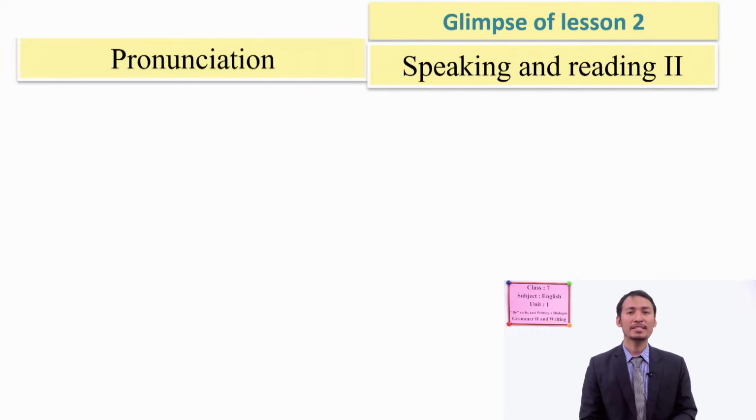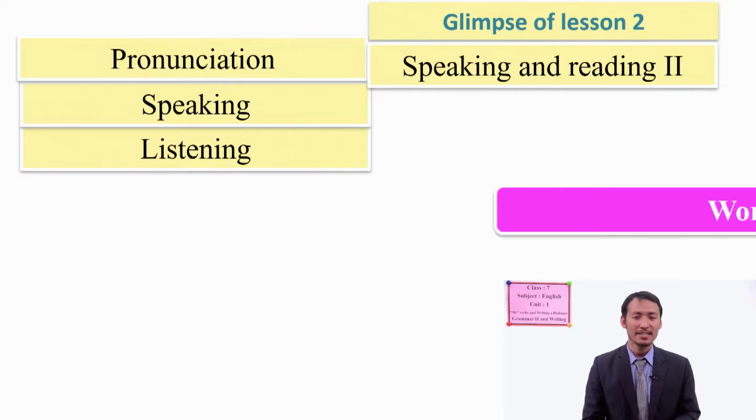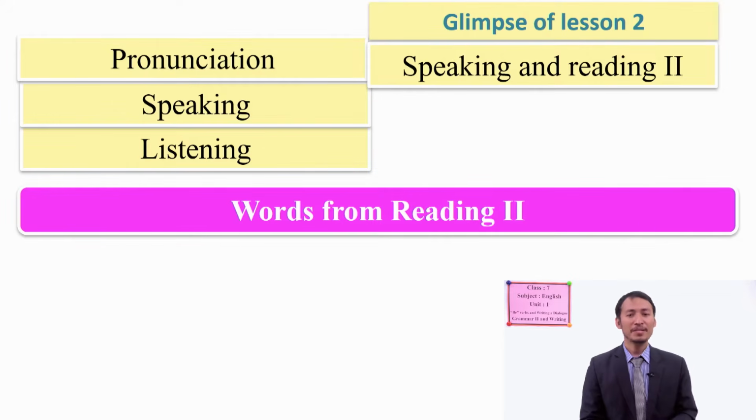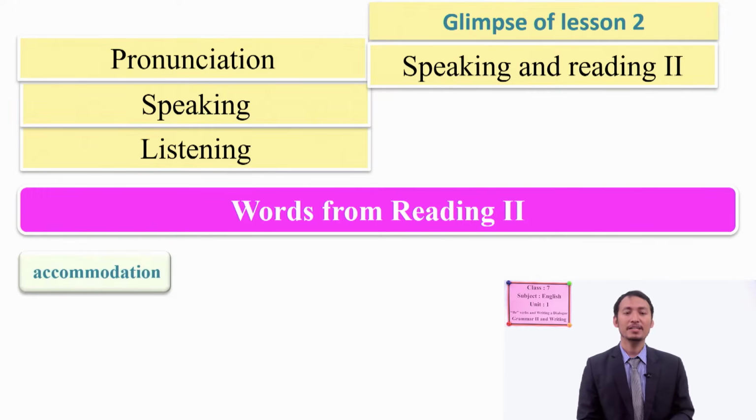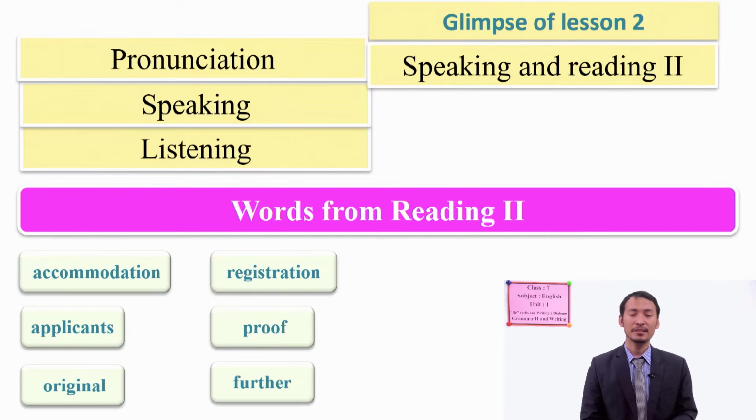And in our next lesson we talked about pronunciation and speaking, and we did a listening exercise, and then from reading second we learned words like accommodation, registration, applicants, proof, original, and further.